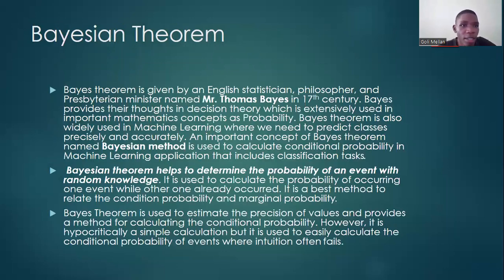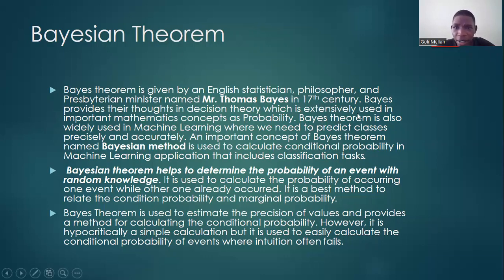Let's first discuss a little bit about the Bayesian theorem. The Bayes theorem is given by an English statistician, philosopher, and this guy who invented it was called Thomas Bayes, in the 17th century.